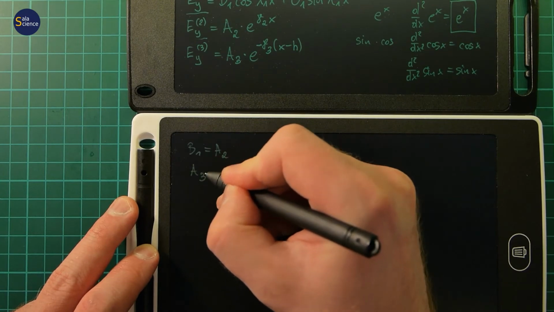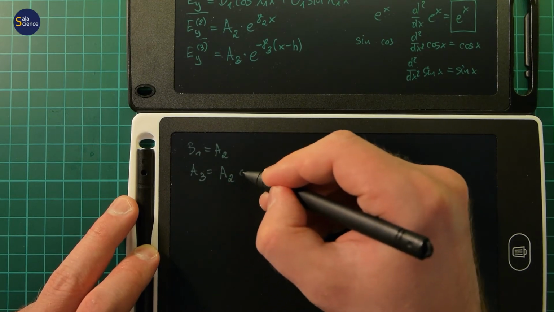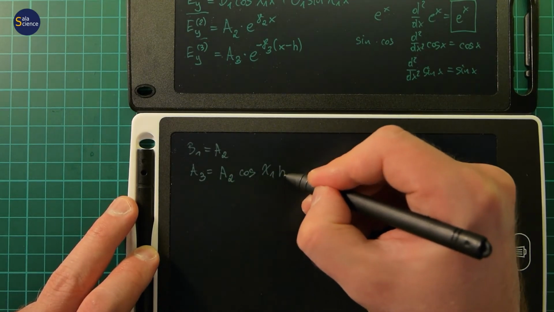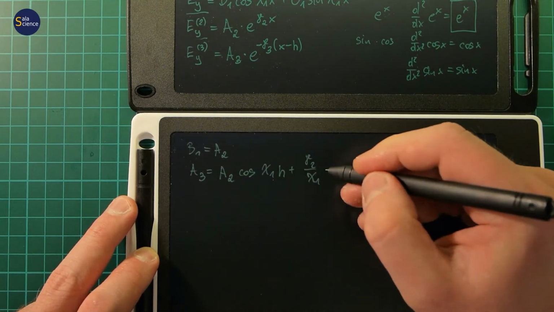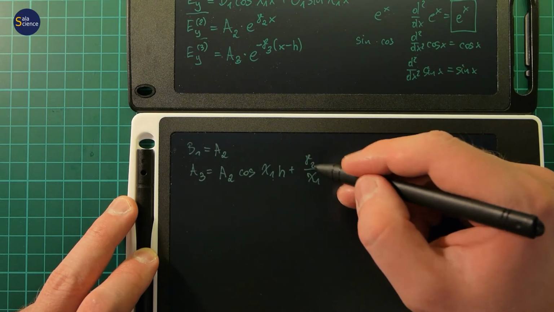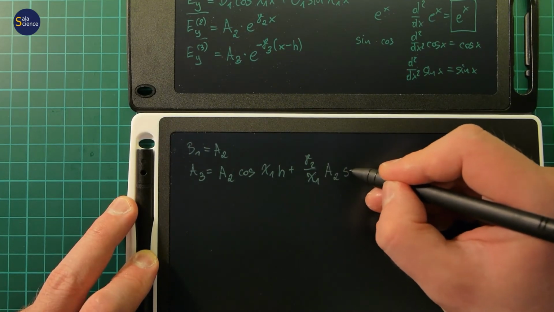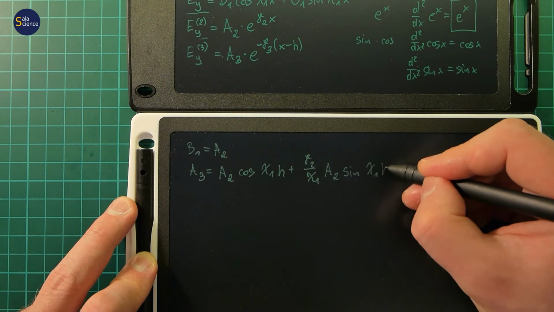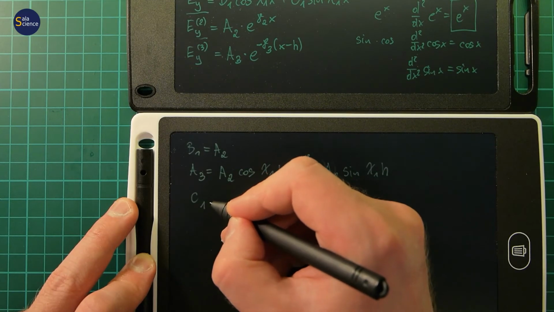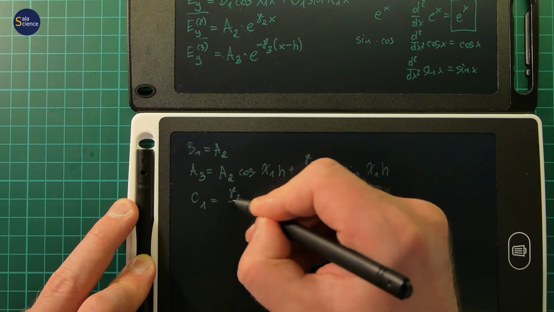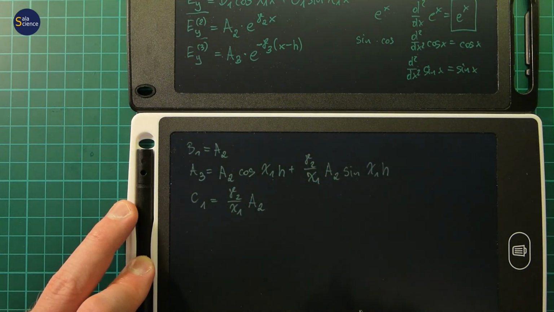We know that A3 equals B1 cosine chi 1 h plus C1 sine chi 1 h, which is A2 cosine chi 1 h plus gamma 2 over chi 1 A2 sine chi 1 h, and C1 equals gamma 2 over chi 1 A2.